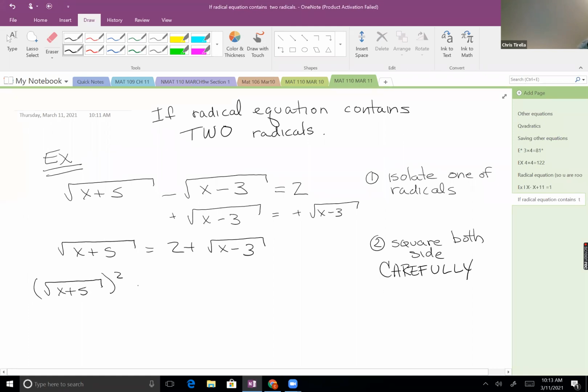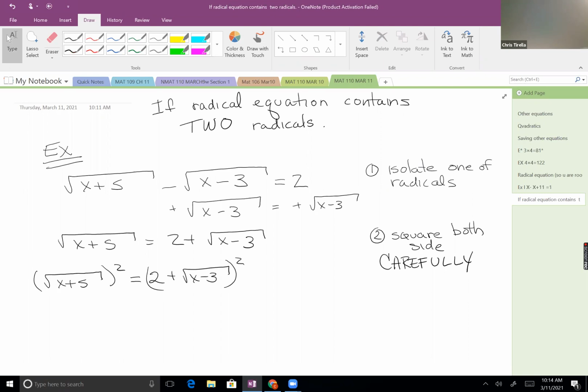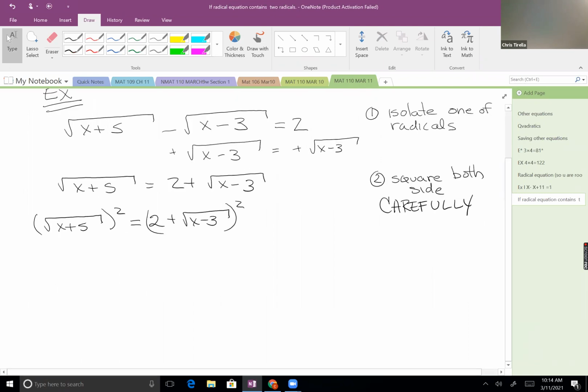And we're going to take that 2 plus the square root of x minus 3 and square it. On the left, it's pretty easy peasy. I'm squaring a radical. They're inverse operations. They undo each other. It takes the hat off the radical. I'm left with x plus 5.